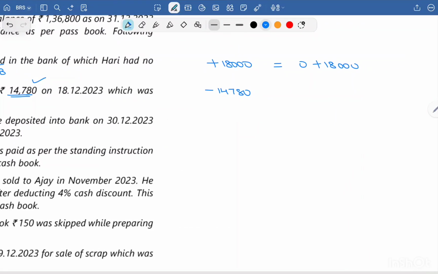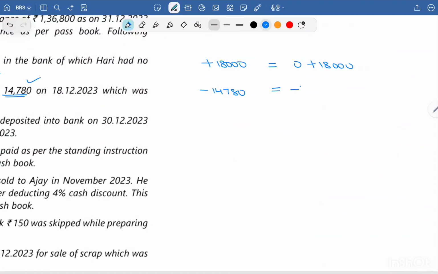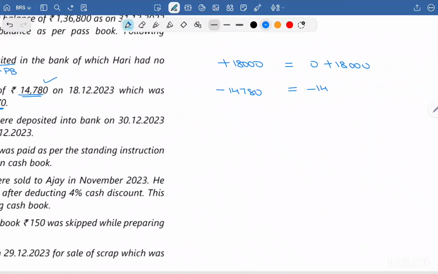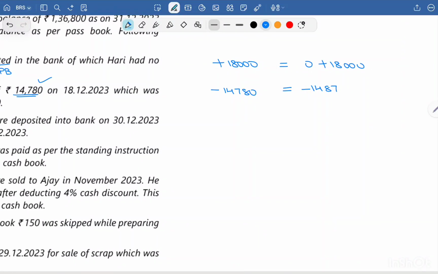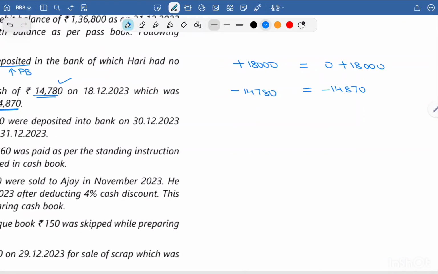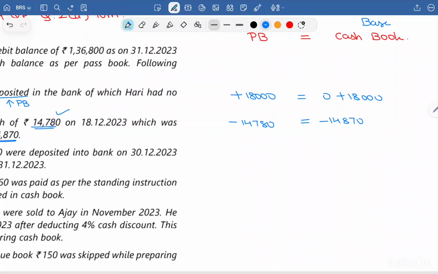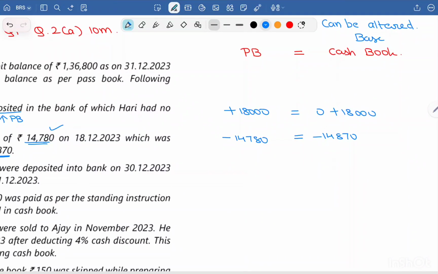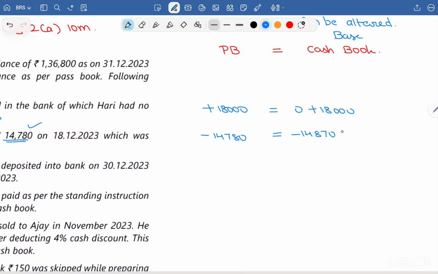While recording in the cash book, the accountant has written 14,870. So now my cash book is not equal to passbook. My base is cash book. So I have to alter only the base amount, that is cash book. So to make them equal, how much is the difference? 90 rupees is the difference. That has to be added in the cash book.